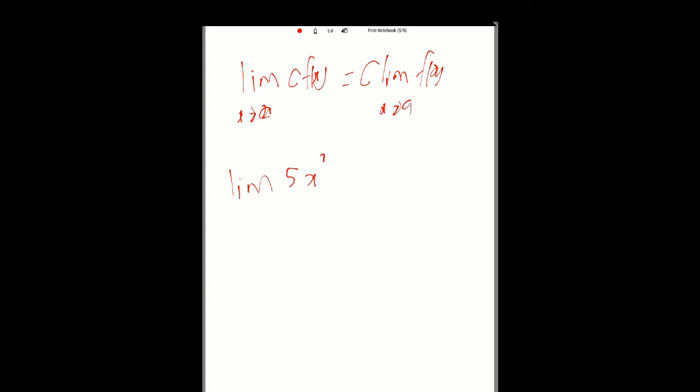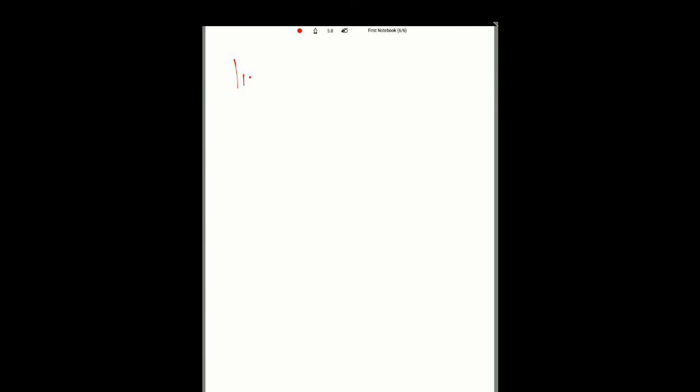This property is saying that that would be equal to 5 times the limit of x squared. And we know that the limit of x squared is what? We know that the limit of x squared is 4 as x approaches 2, leaving us with 20.